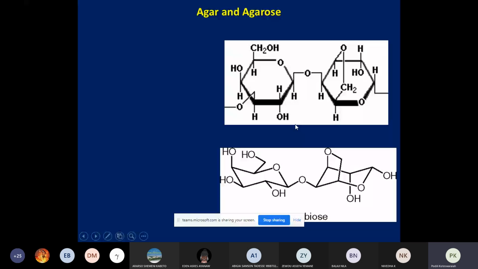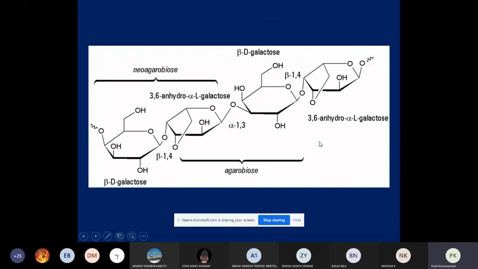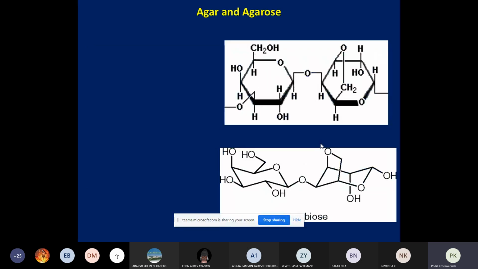We use agar and agarose. These are mainly produced by marine red algae. Agar is made up of agarose and agaropectin, and agarose is a polymer of galactose and 3,6-anhydro L-galactose.